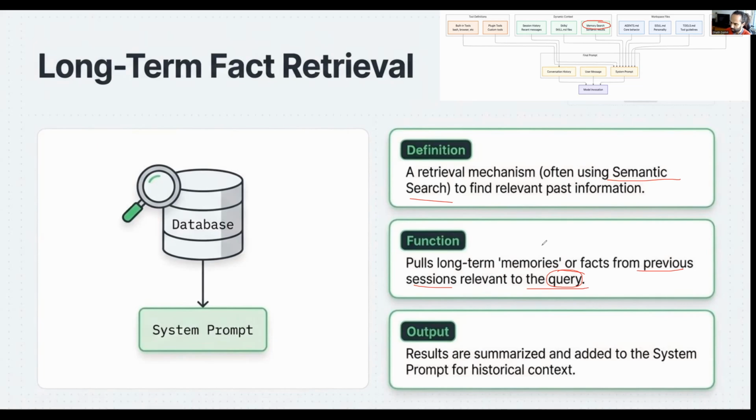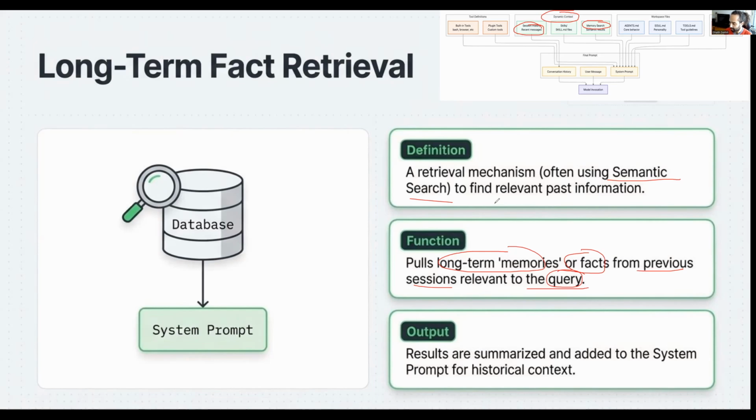As a result, we will have the long-term memories or facts from these previous sessions, and they are called long-term memories, guys, because they are not the immediate or recent messages that we've seen in the first block here, the first block of the dynamic context.